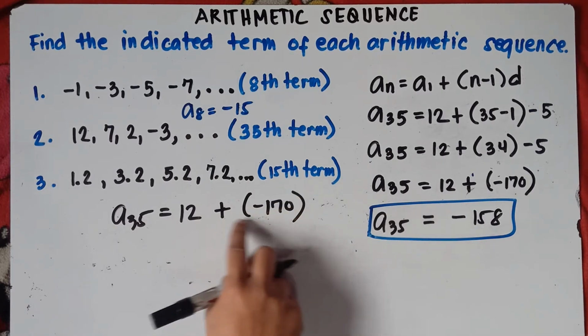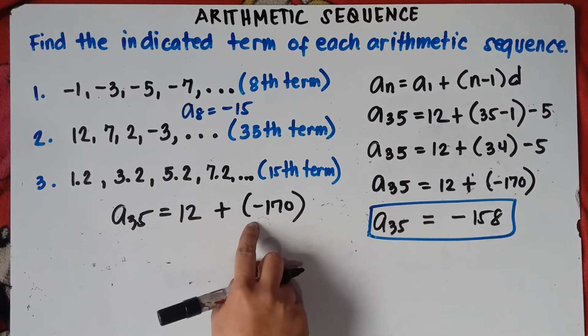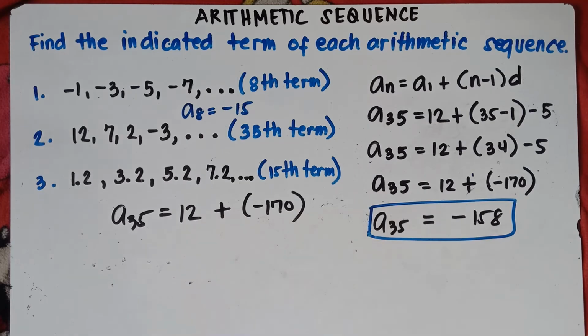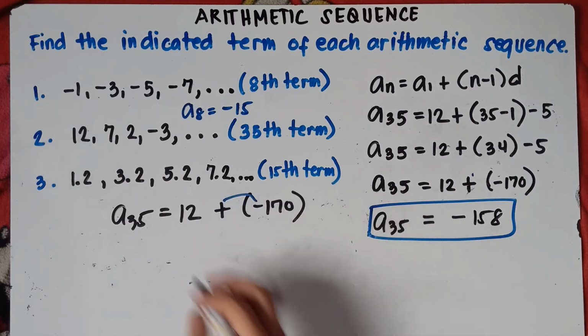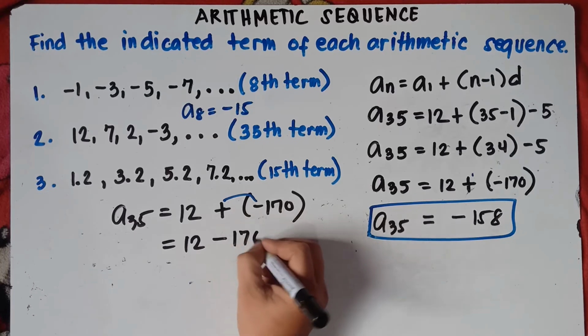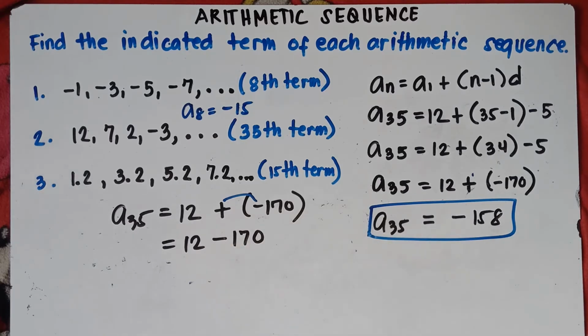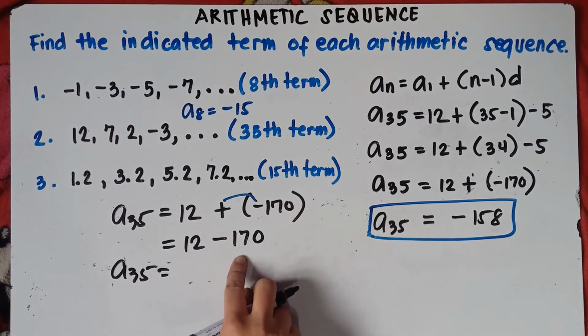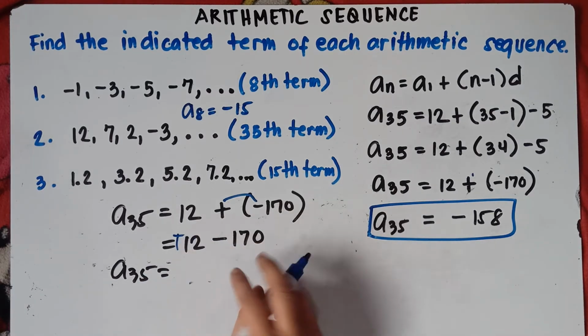And there are some students that will be multiplying the sign first before adding. You can actually do it. That's the same answer. So positive times negative, you will have 12, positive times negative, minus 170. And then you will get the same answer, class. You will get 12 minus 170, positive 12, negative 170.